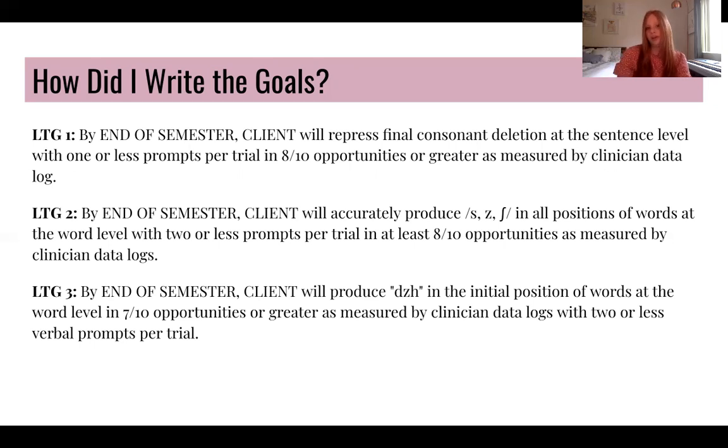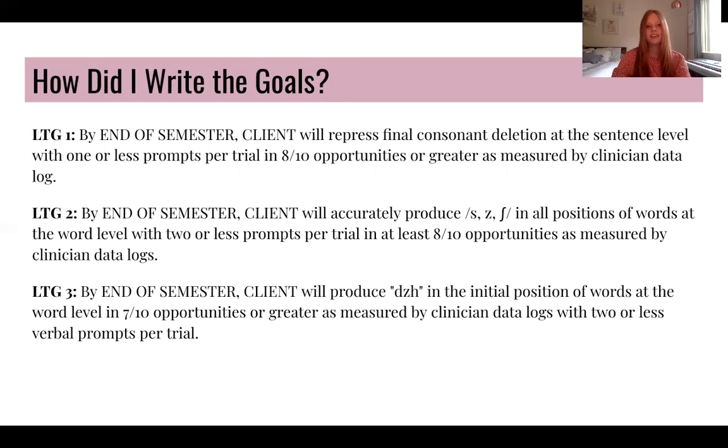I think this is an okay goal. I think it could have been written a lot better. I think that I would give it a little bit more specificity. So how is she repressing it at the sentence level? Is it through a narrative? Is it through play? Through picture cards? We did a lot of picture cards.